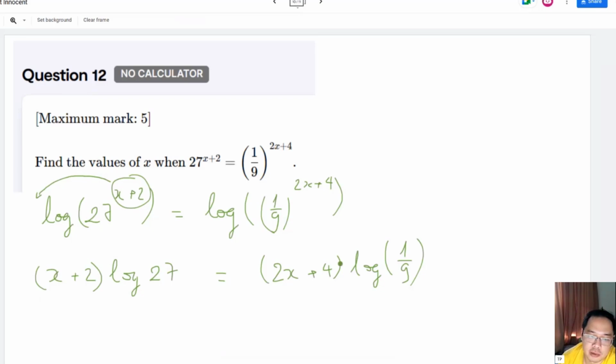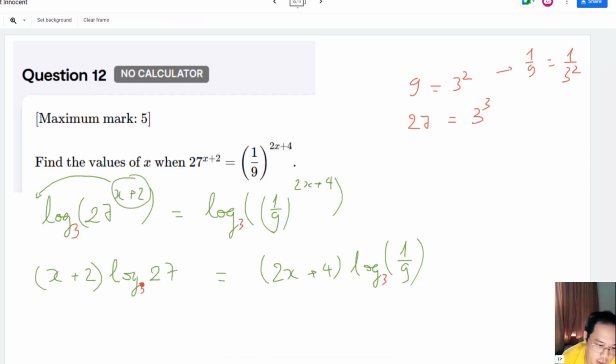But to make the problem simpler, instead of taking the log, I will choose the log base 3 here, because we see that 9 is the square of 3 and 27 is the cube of 3. So actually 1 over 9 is 1 over 3 squared. Therefore, I would choose the base 3 rather than the base 10.